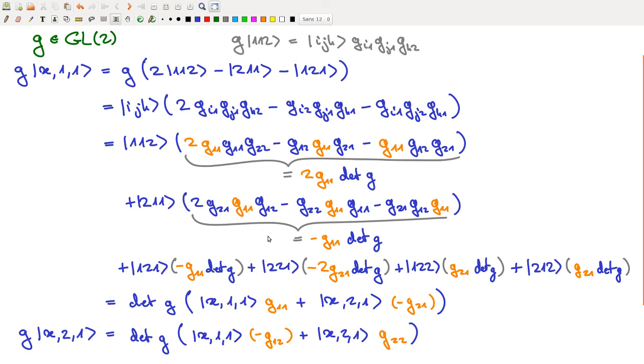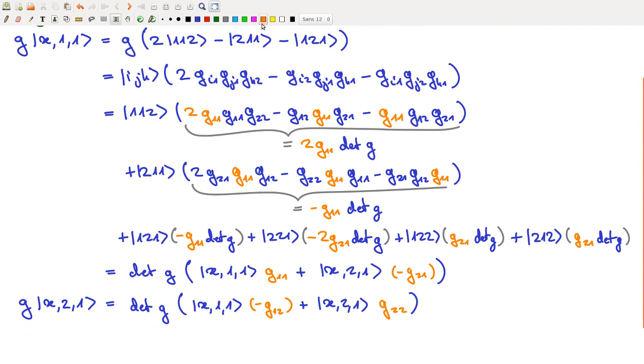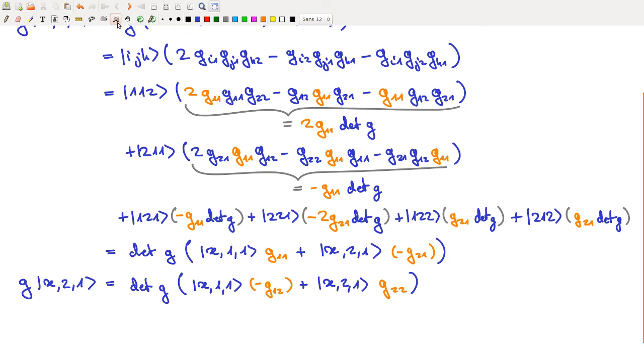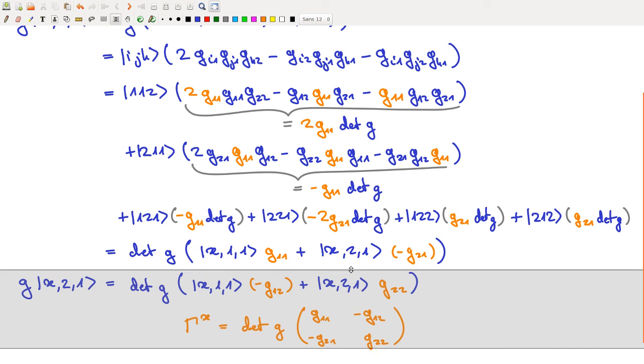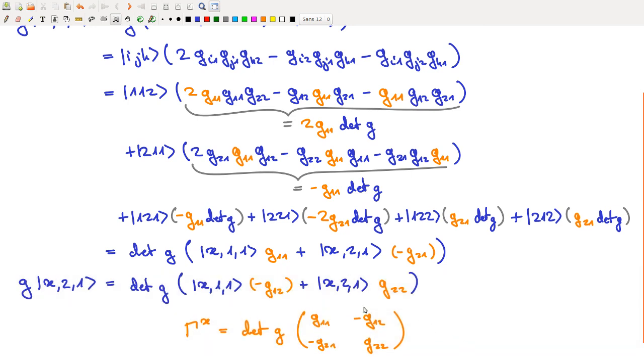And of course the structure has to be like this because it's an invariant subspace, so we have to get linear combinations of these 2 vectors again when we apply our G. But now this means that we can also read off from the orange part here our representation matrix. The representation matrix is just the orange stuff and this determinant here, and the matrix part here is almost the original GL2 matrix, except for the additional minus signs here.